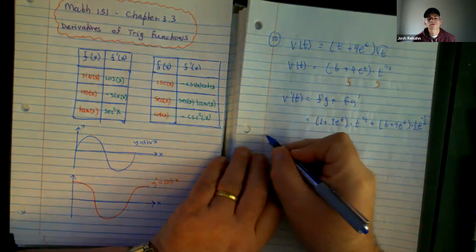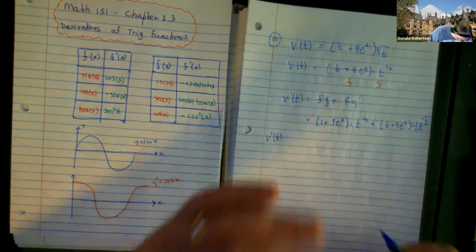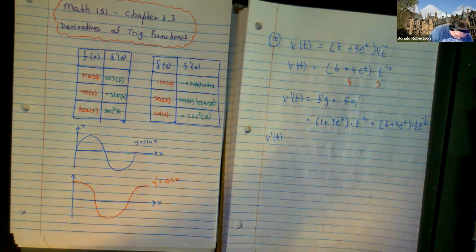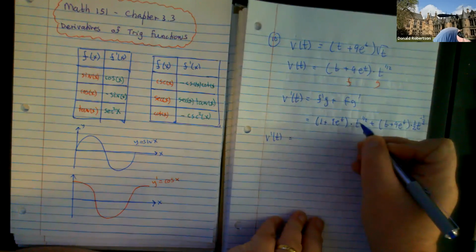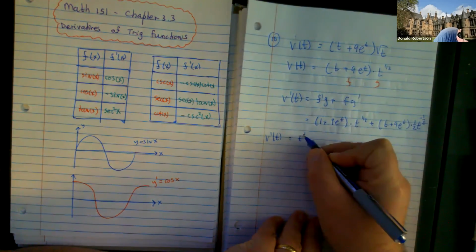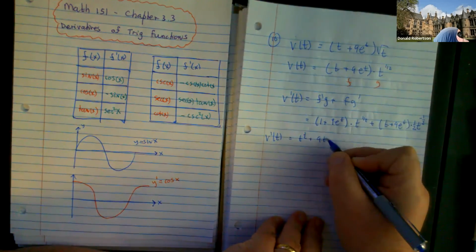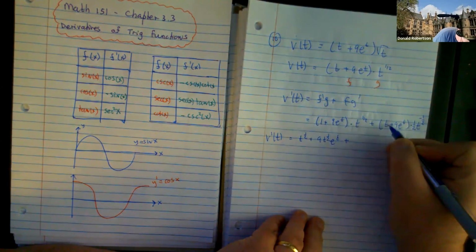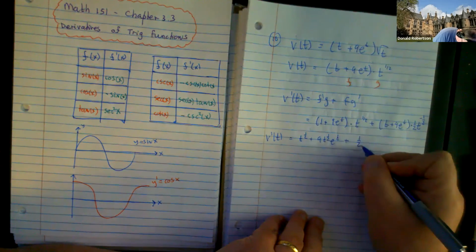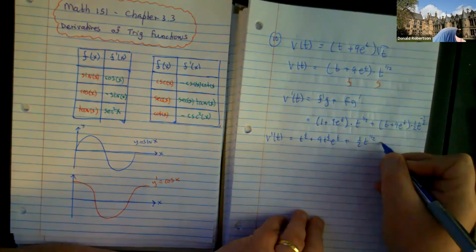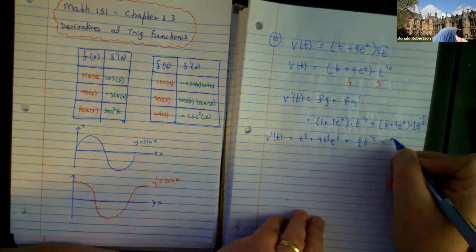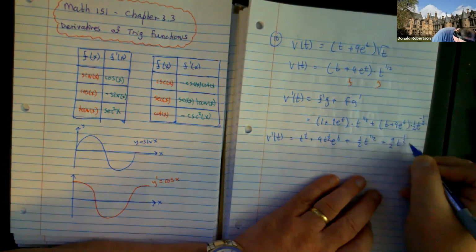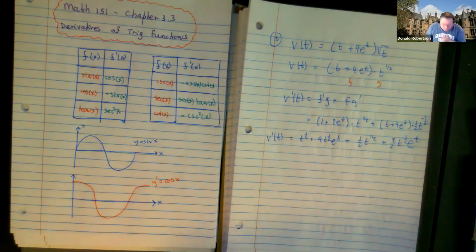Right. So what I'm going to do now is essentially distribute everything and then see what we get. So this guy gets you t to the half, 9t to the half e to the t, plus, well, if you multiply this and this together, you get 1/2 t to the half. If you multiply this and this together, you get 9/2 t to the negative 1/2 e to the t. So far, so good?